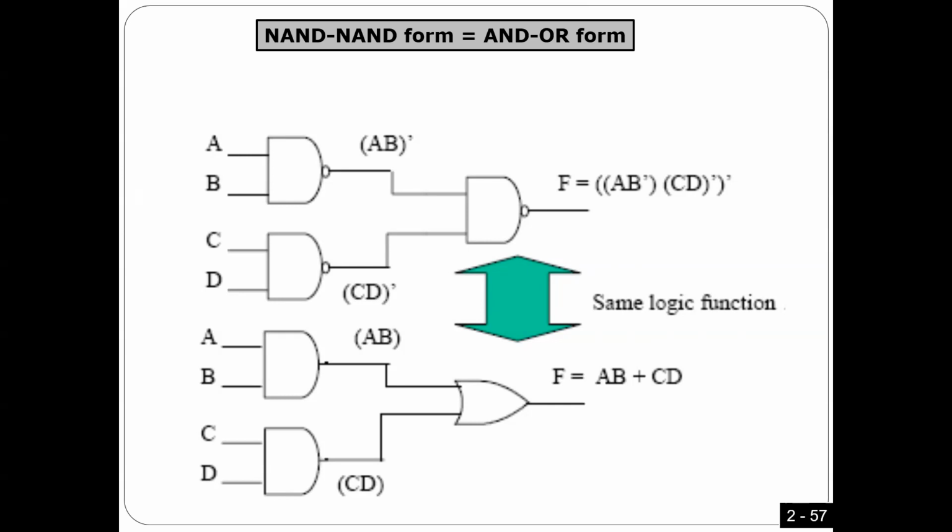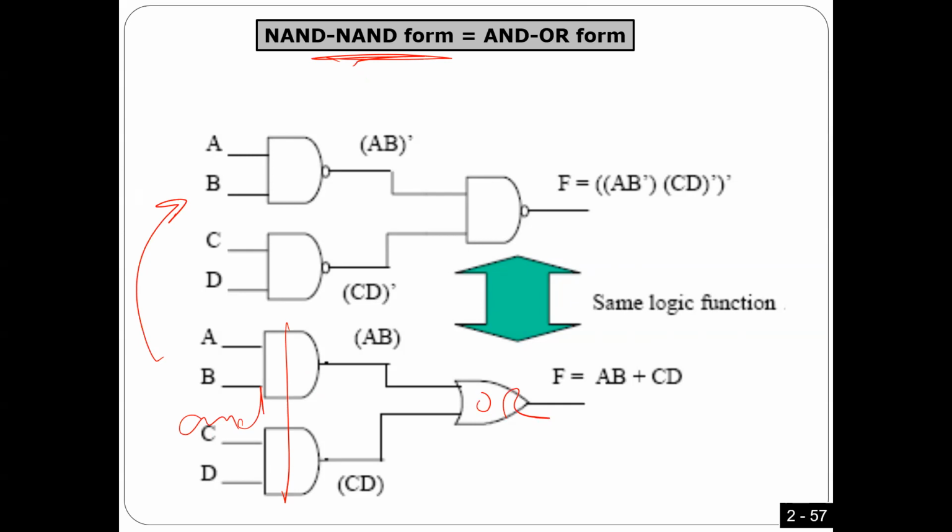If you have one OR, multiple ANDs, this can be implemented using NAND form. So we have a NAND form, as you see here. NAND form is equivalent to this one.